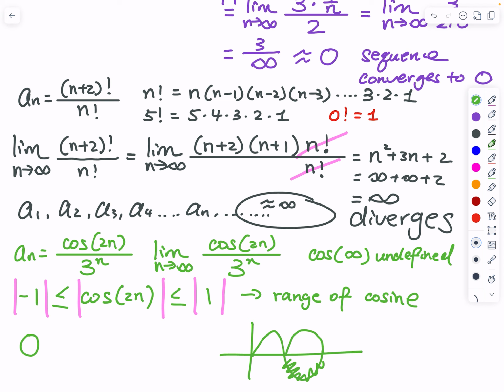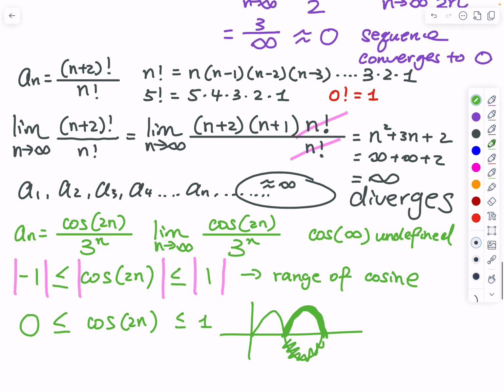It's because we flip the curve upside down to a place where y is positive. So that's why this is between 0 and 1.